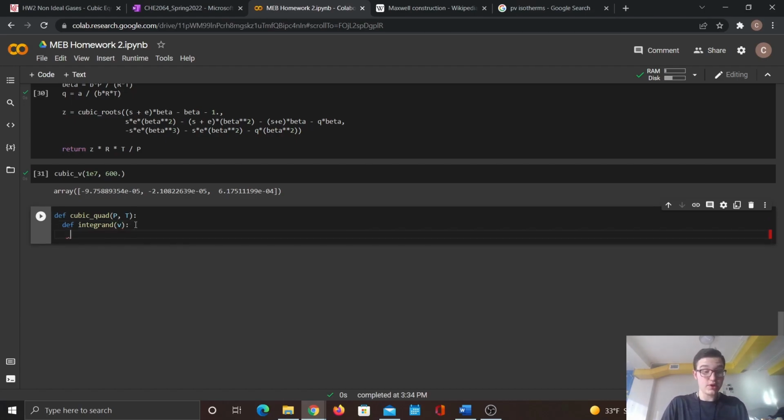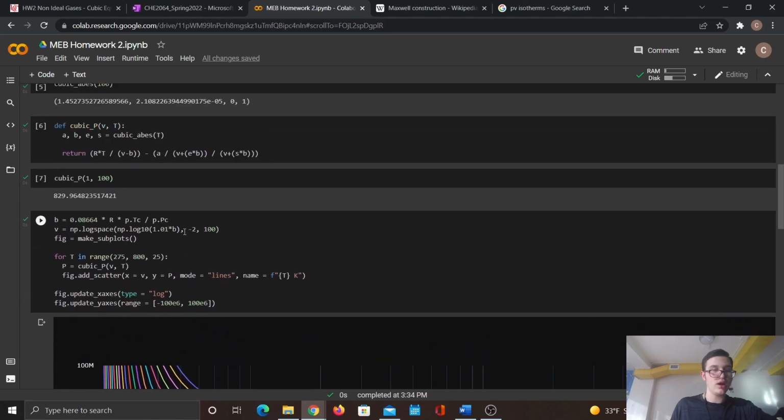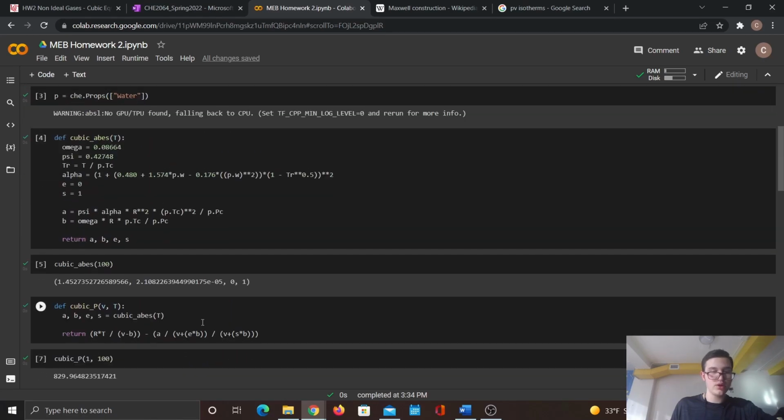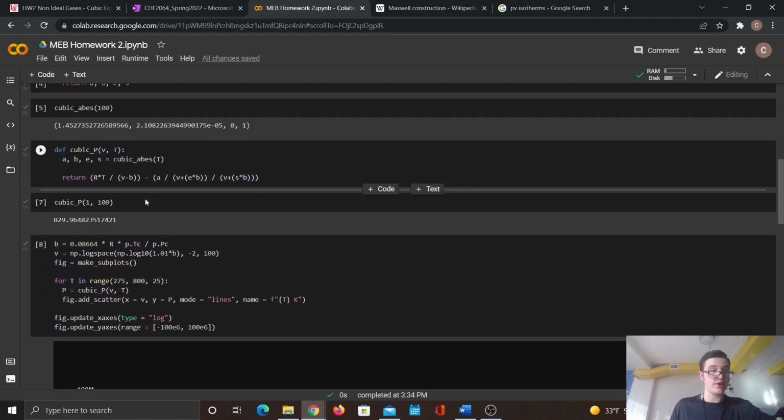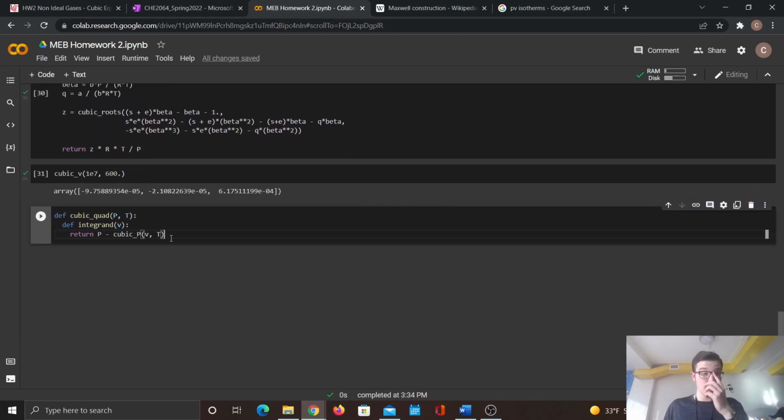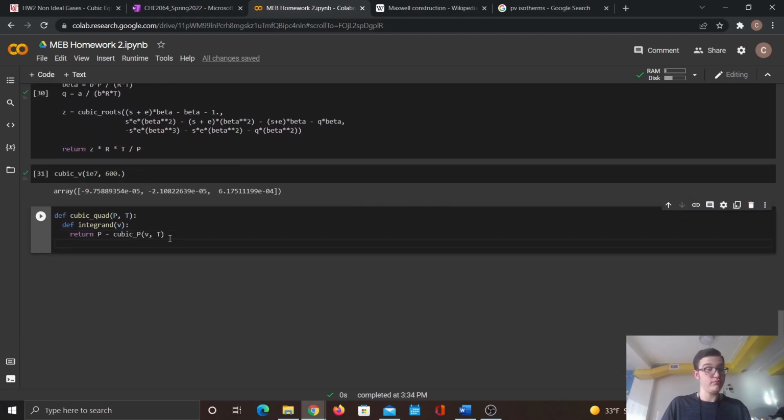We're just going to return pressure minus cubic pressure with volume and temperature. So this will be the pressure of the gas minus the cubic pressure up here, which gives us the pressure from the van der Waals equation, which is, of course, the error between the guess and the value that returns.